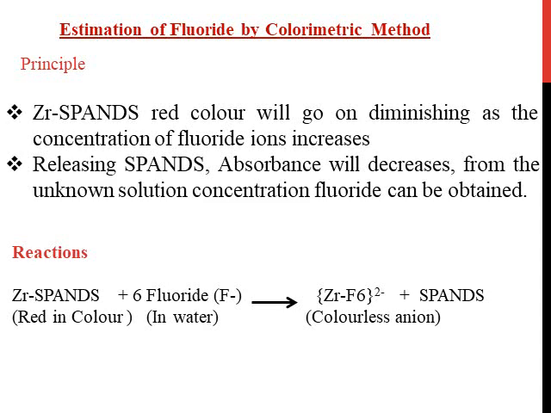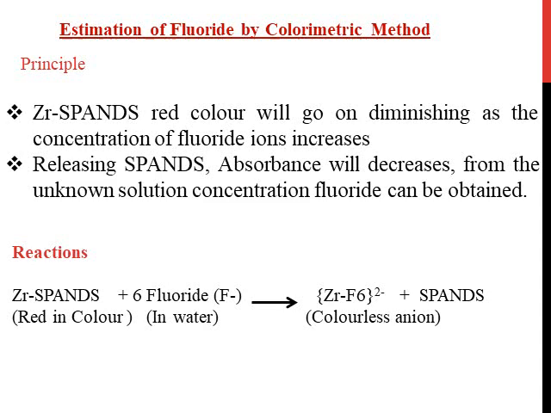So the more the concentration of fluoride, the more will be the formation of the colorless anion and the less will be the absorbance of the solution. So absorbance here, instead of increasing as in the normal colorimetric method, goes on decreasing as the fluoride concentration goes on increasing.